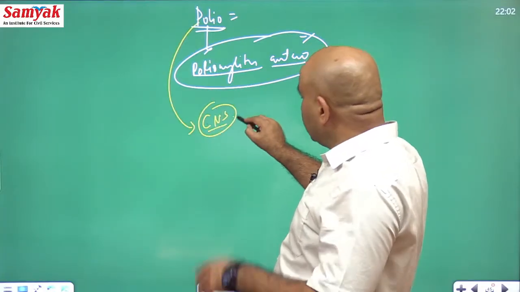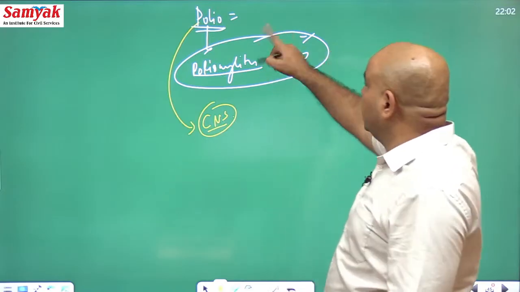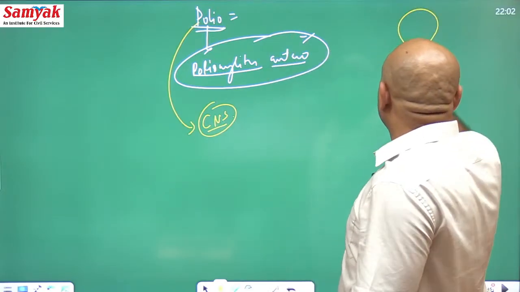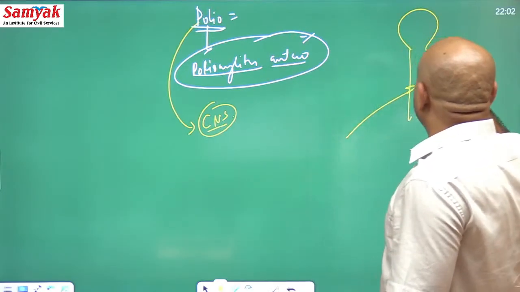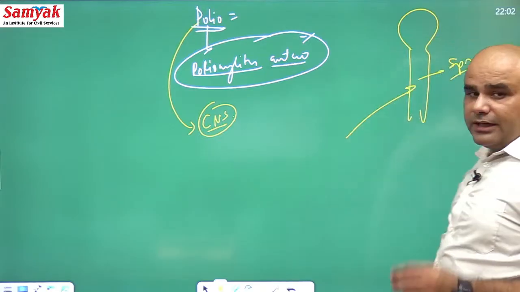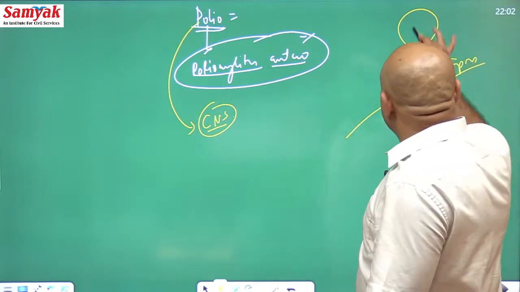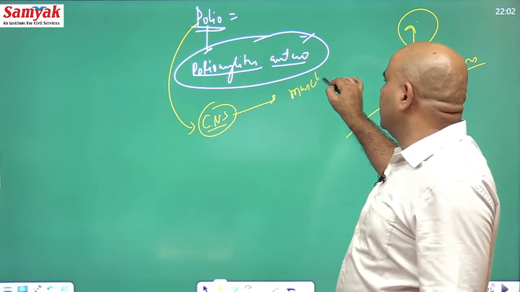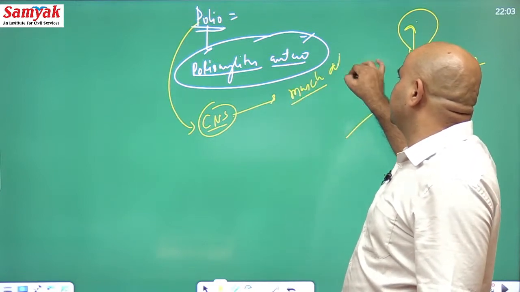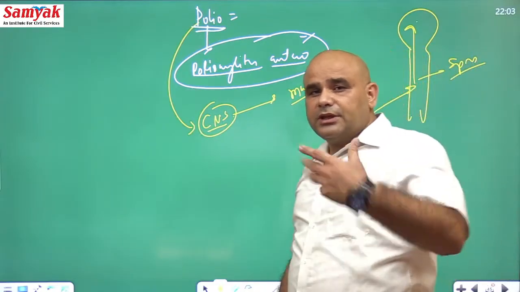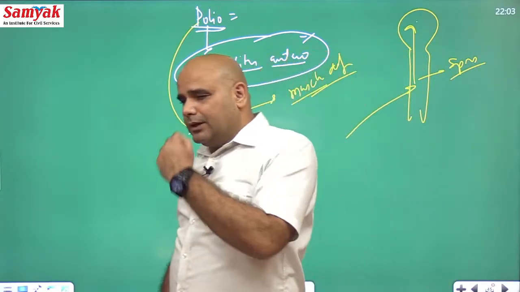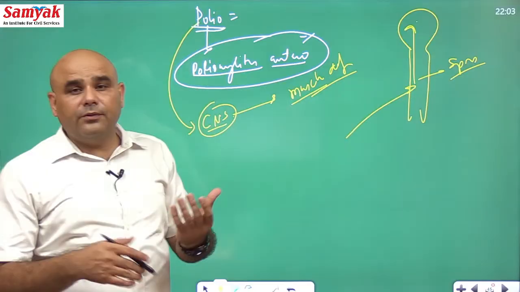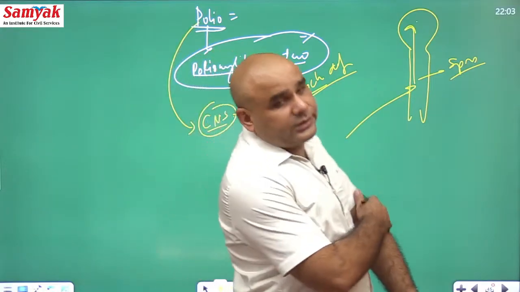It will enter your body through different mediums, target your spinal cord, and from the spinal cord it will enter into your brain. Because of this, it will cause muscle deformations, and that's why the patient suffering with polio will face a kind of handicapped or specially abled situation.